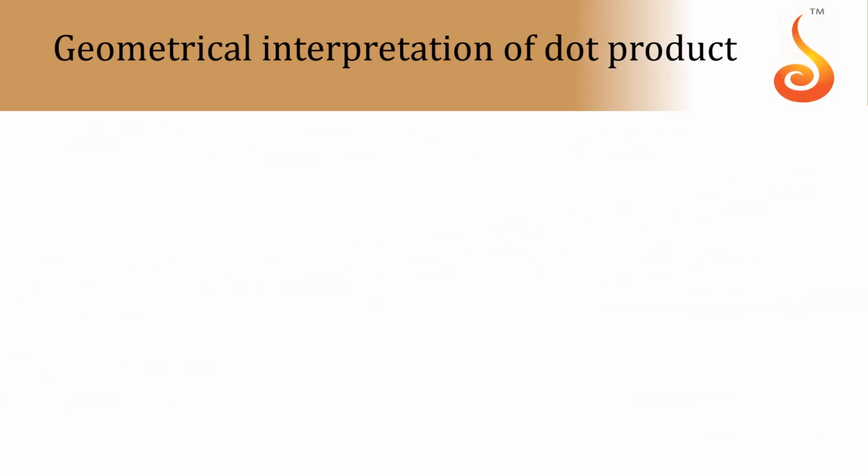Okay, dot product. You know the definition of dot product, and the geometrical interpretation of dot product is projections. So what is the projection of a bar on b bar? A bar dot b cap. What is the projection vector? A bar dot b cap into b cap. Suppose you have a bar vector like this, b bar is like this.